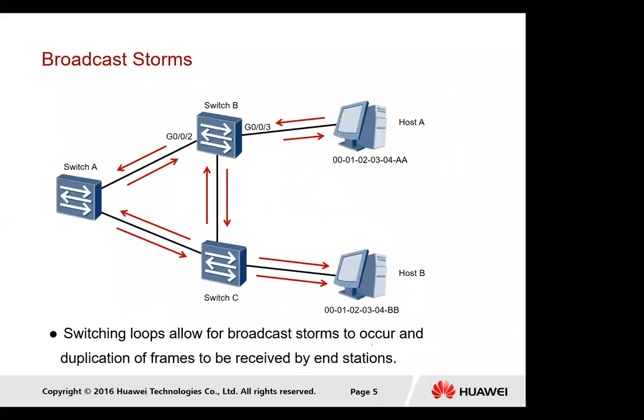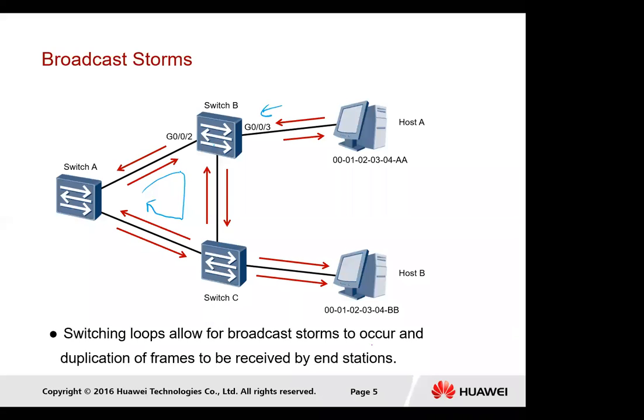That will cause a broadcast storm. This is one of the examples here. You see that the redundant connection here is between A, B, and C, and they form a loop. When a broadcast packet comes from host A, it is sent across to B, B sends to A, A sends to C, and C sends back to B. That is how the loop is created.